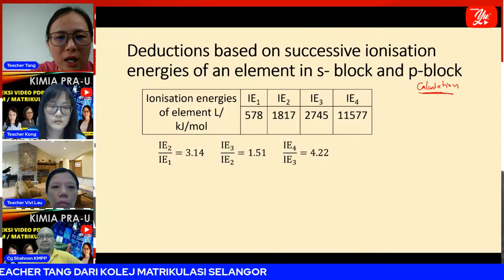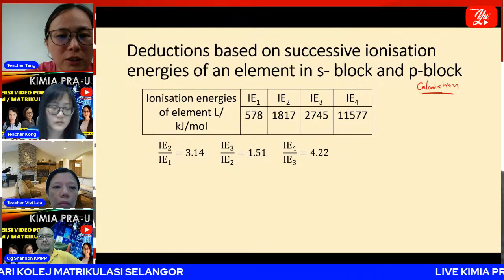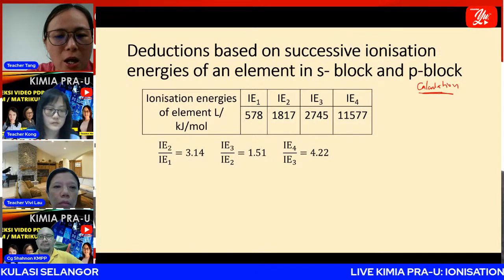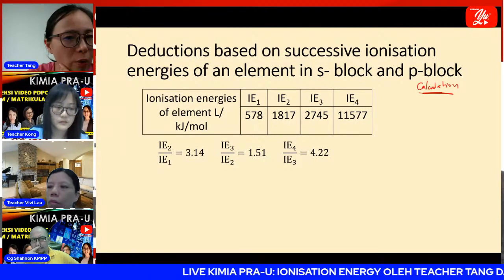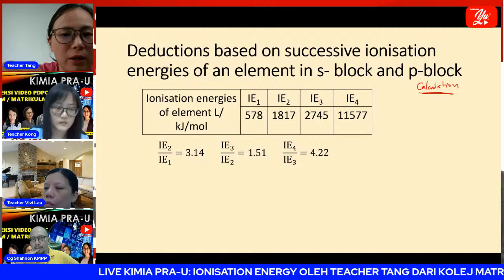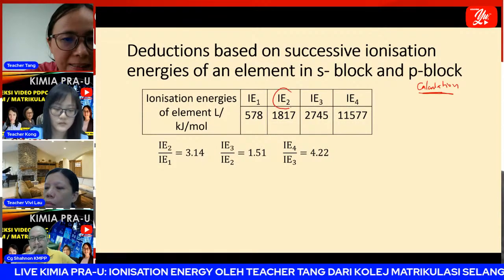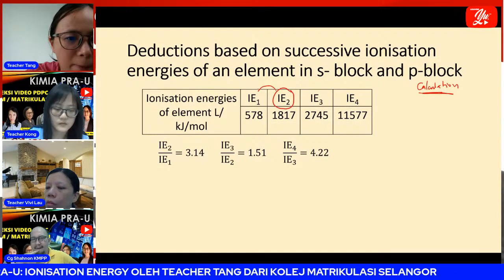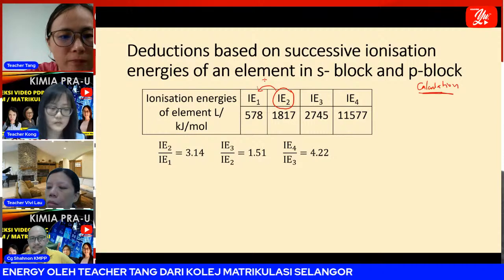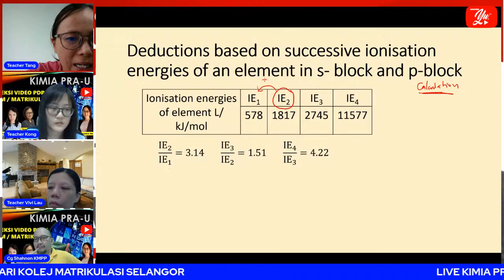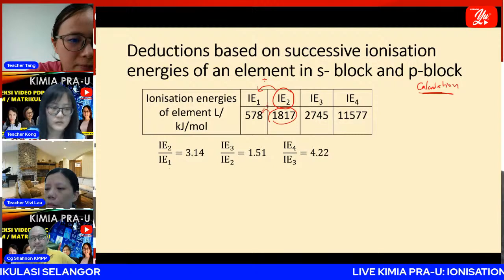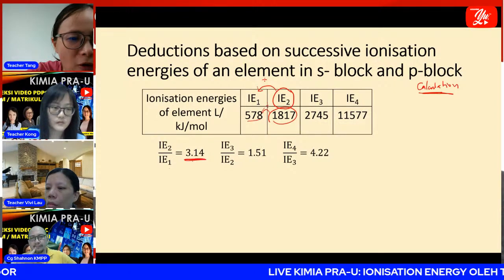If they do not give you a full set of data, you can do calculation. What you can do is calculate the ratio. How do you calculate the ratio? It is the next ionization energy divided by the previous ionization energy. So IE2 divided by IE1, you get 3.14.